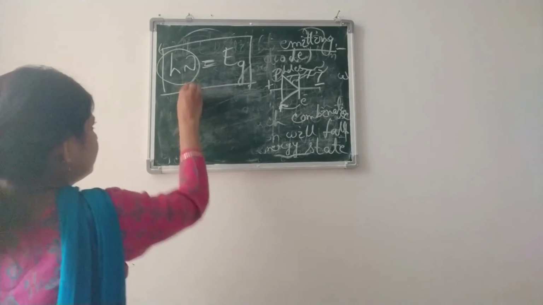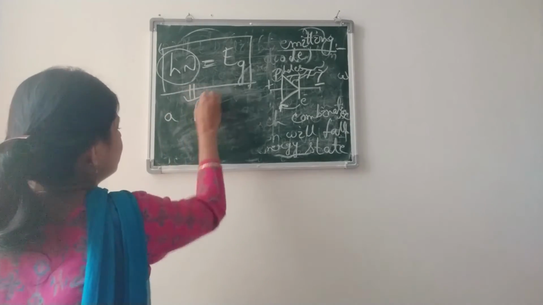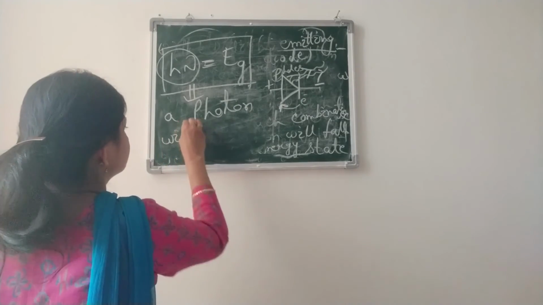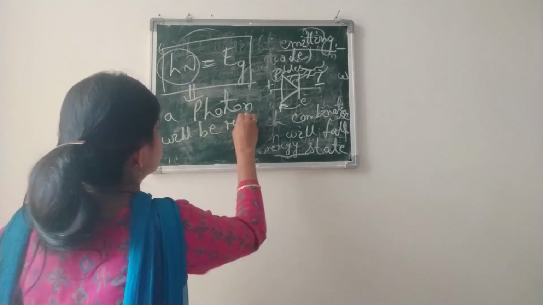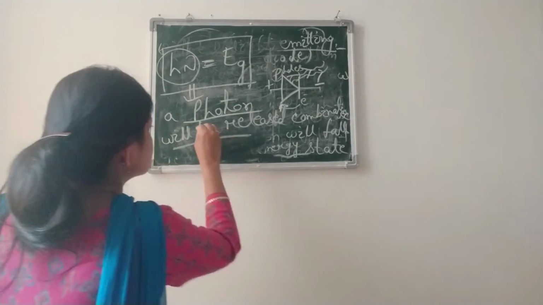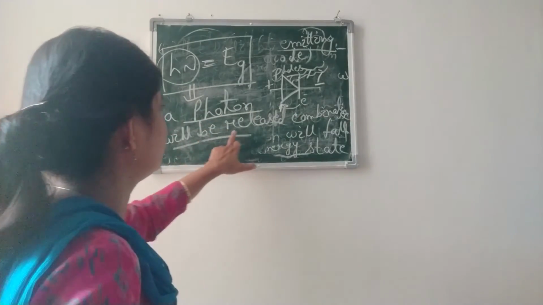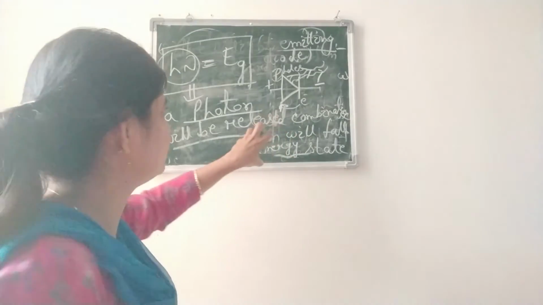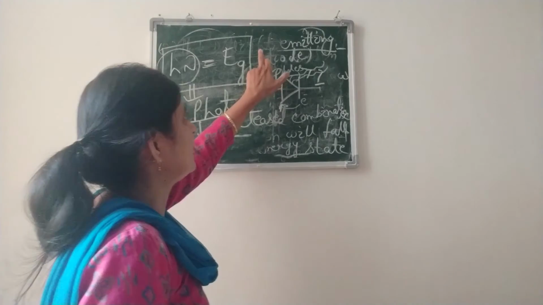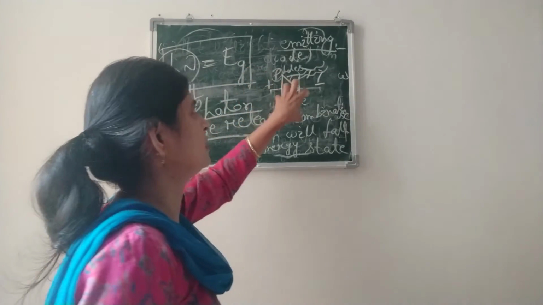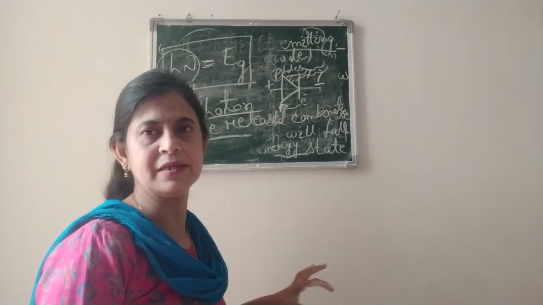At that time, a photon will be released, meaning light will be released. That's why we say generally that an LED emits light, but a simple PN junction diode will not emit light.